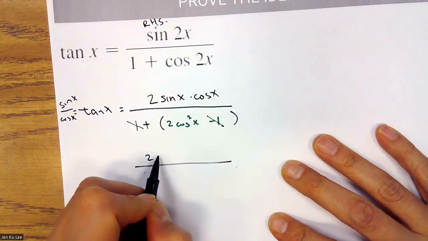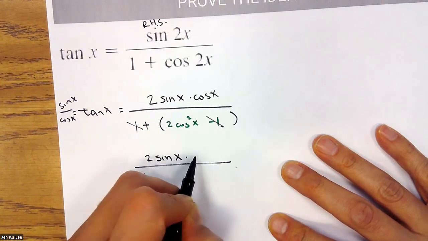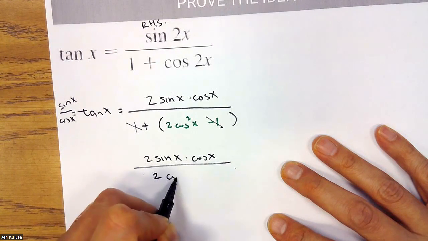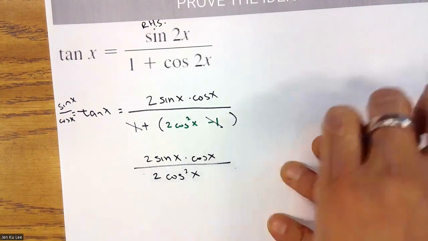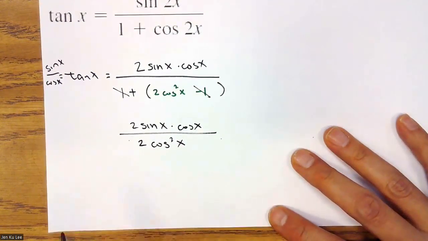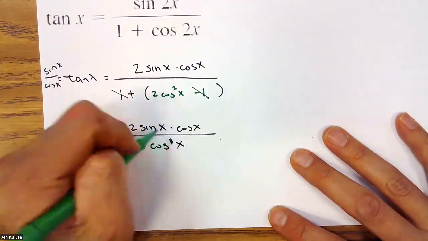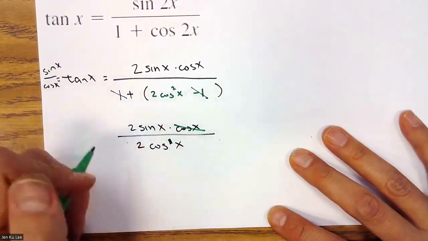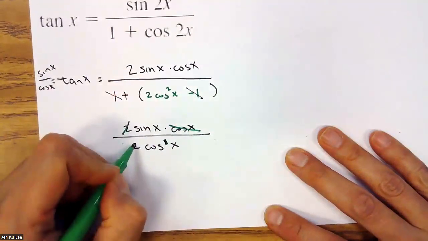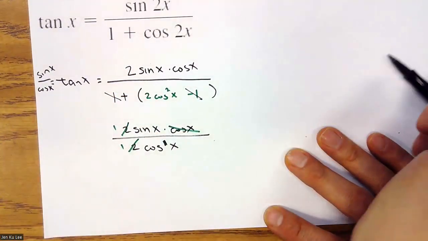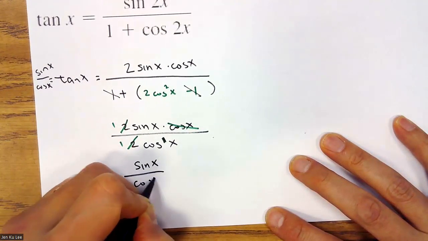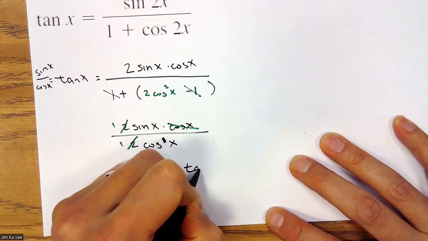So I'm left with 2 sine x times cosine x over 2 cosine squared x, right? So then one of these cosines cancels out with this cosine. So I'm left with, and the 2's cancel out as well, making 1 and 1. So I'm just left with sine of x over cosine of x, which equals tangent of x.